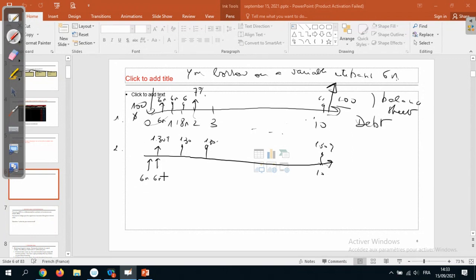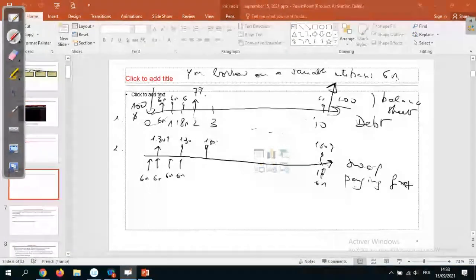So that's a swap, paying fixed 1.30%. We saw that 1 month ago the swap was trading at 1.30%, a very, very low interest rate, and receiving the variable 6 months interest rate.